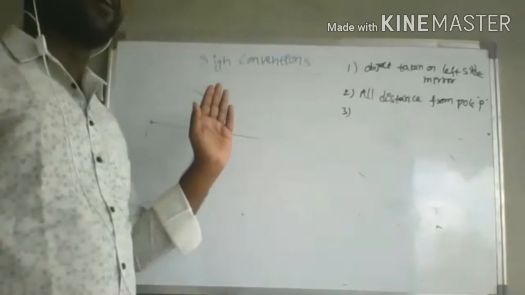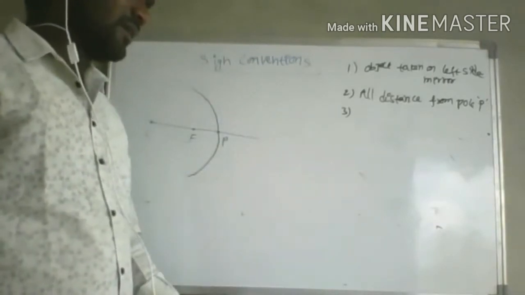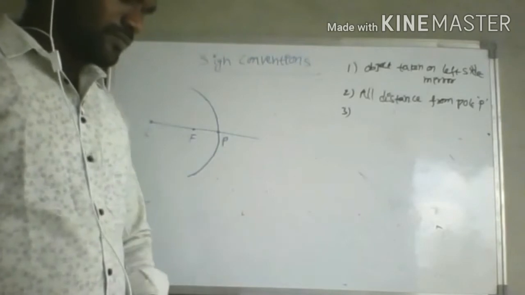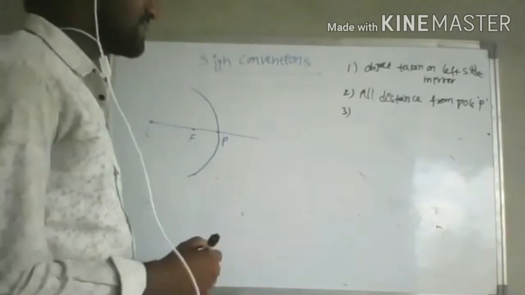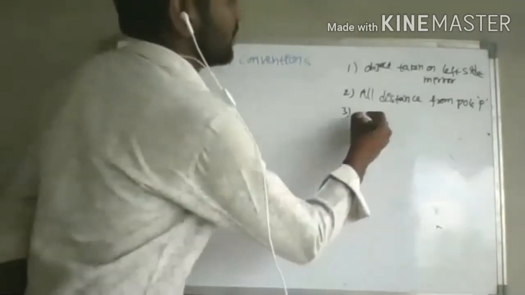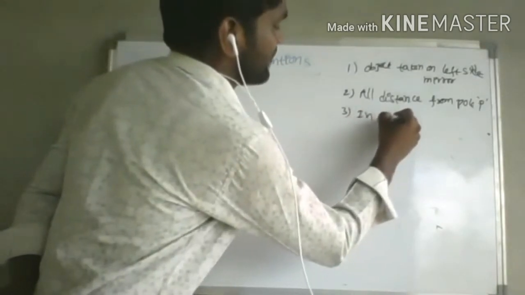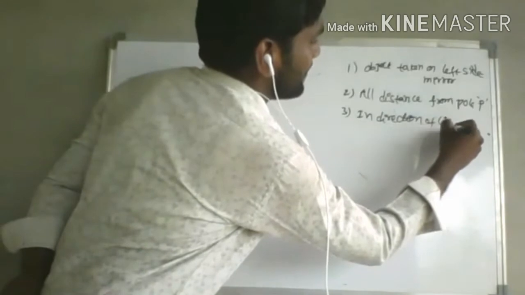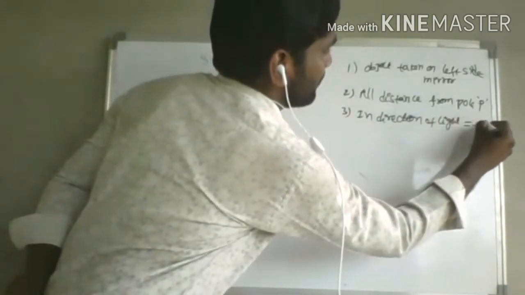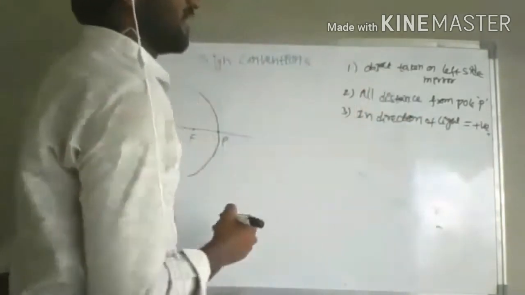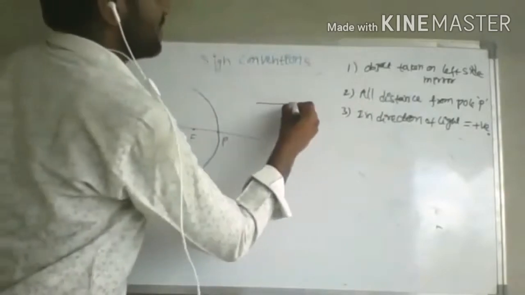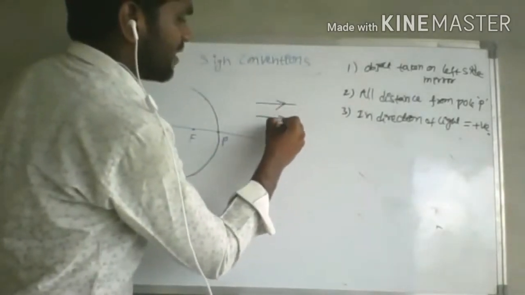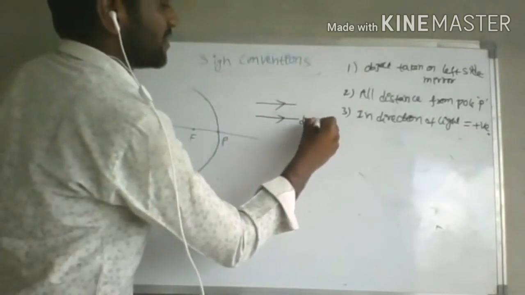The distances actually travel along the ray of light are taken as positive. The distances traveled in the direction of light are taken as positive. For suppose light is moving in this direction, if you take the distances along this one, the distance is positive.